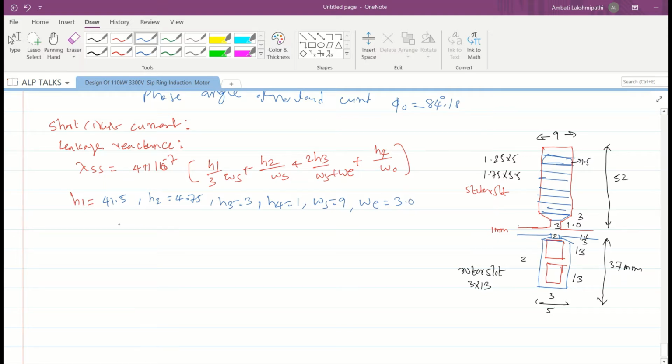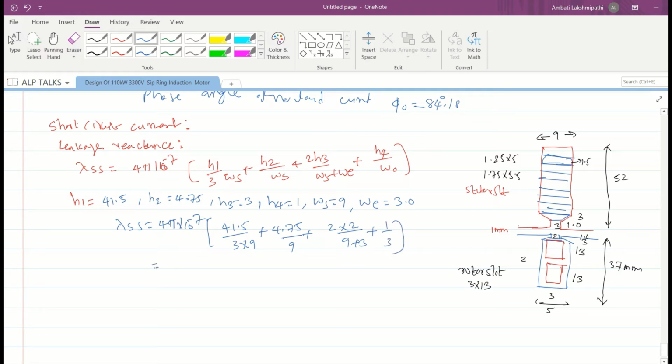So let's calculate lambda ss equal to 4 pi into 10 power minus 7. I am substituting all the values into the formula so that we can get the desired value: 41.5 by 3 into 9 plus 2 into 2 by 9 plus 3, plus 1 by 3.